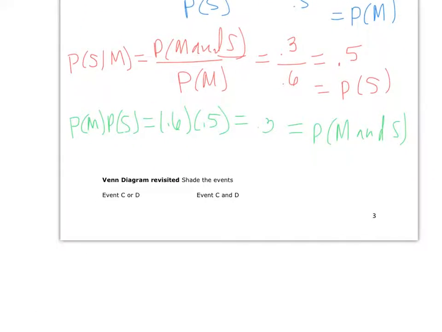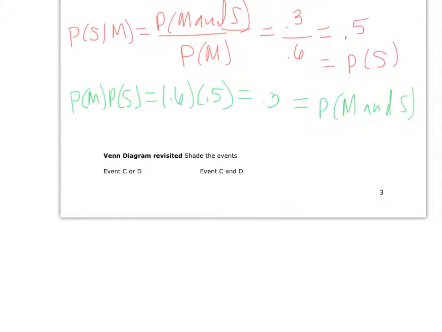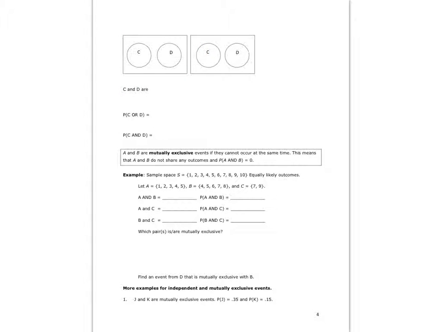So let's look at a Venn diagram in relation to a couple of events, C and D. Unfortunately, these got split onto two different pages. Going on to the next page.